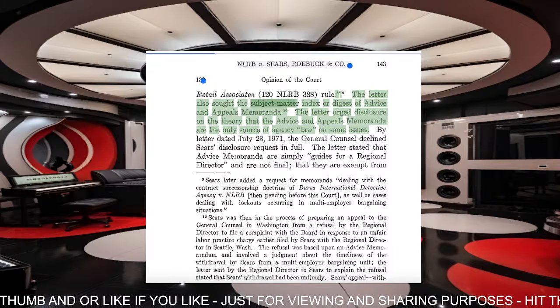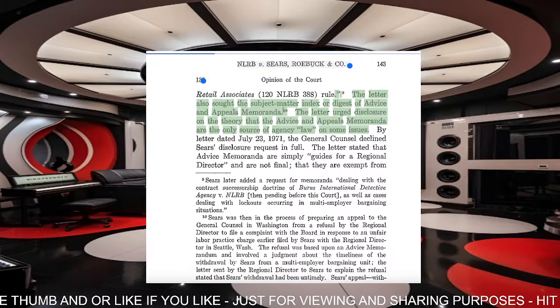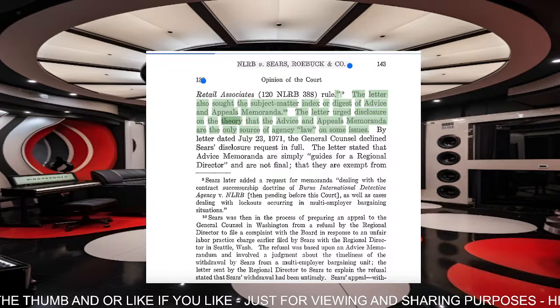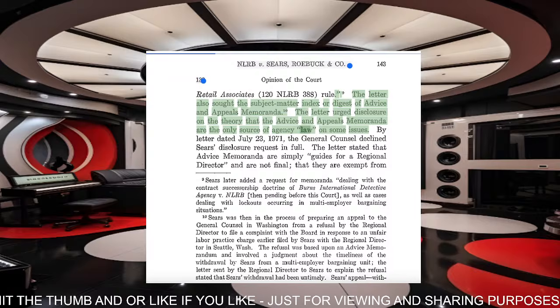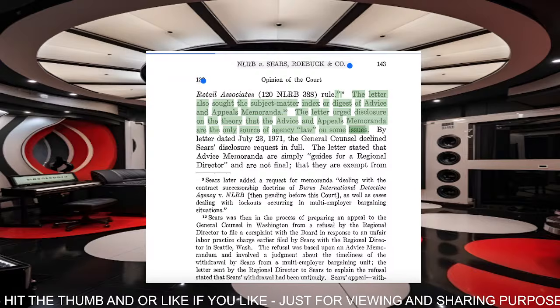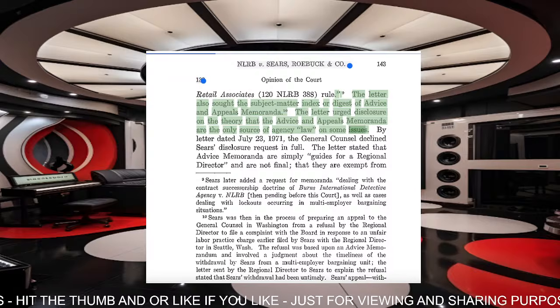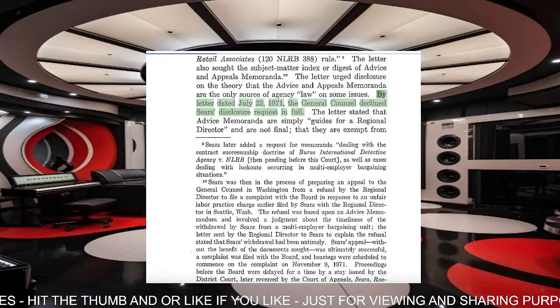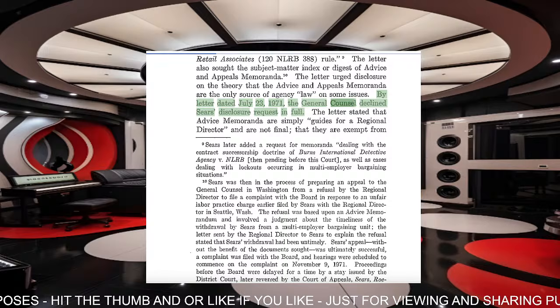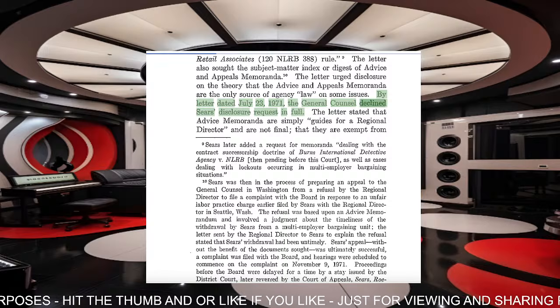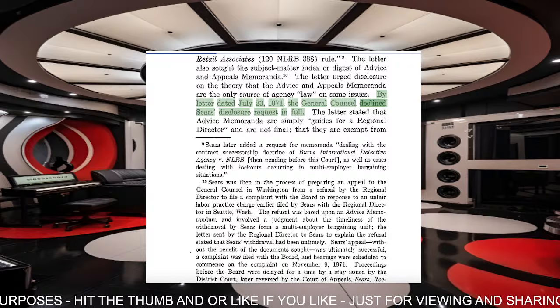The letter also sought the subject matter index or digest of advice and appeals memoranda. The letter urged disclosure on the theory that the advice and appeals memoranda are the only source of agency law on some issues. By letter dated July 23, 1971, the General Counsel declined Sears' disclosure request in full.